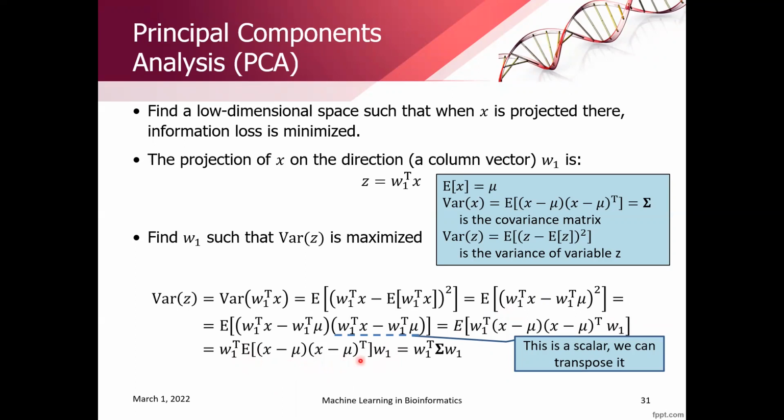And what we have inside is exactly the formula for the covariance matrix. So the variance of Z is W sub 1 transposed times the covariance matrix of X times W1.